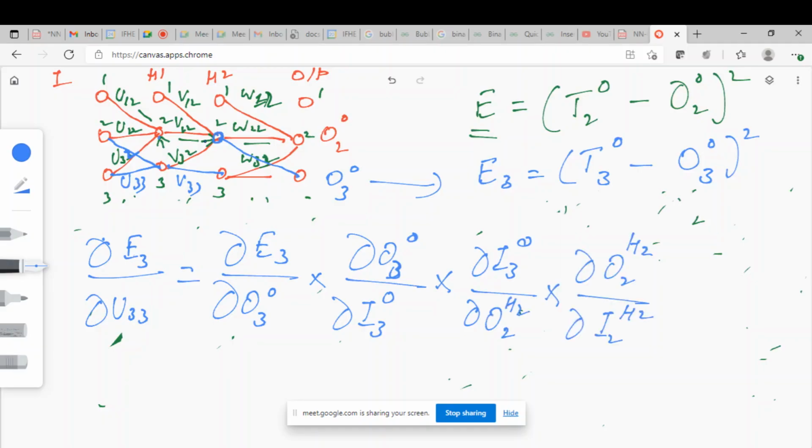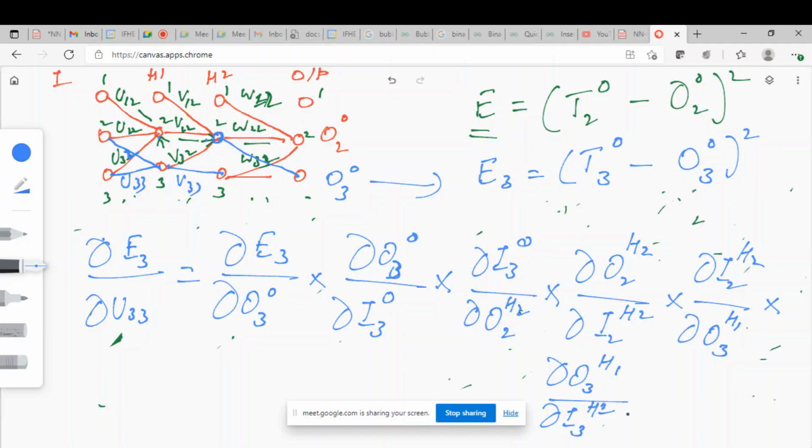And this input depends on what? Which neuron? How will you represent? O3H1, good. And dou O3H1 depends on what? Not the third layer, but the third neuron of the first hidden layer. And this input depends on what? Okay, right.